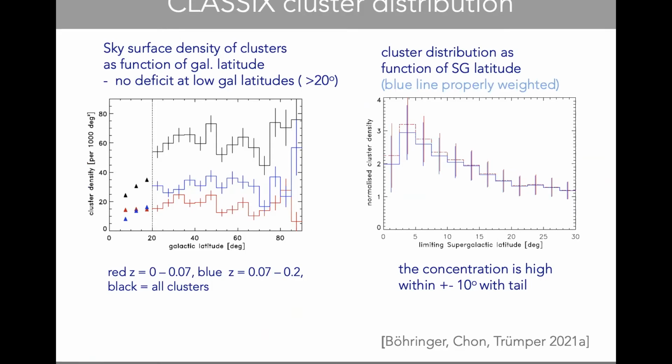But if we look just at the nearby clusters out to a redshift of 0.07, we are not so incomplete at the nearby universe, and we can include them at least in some of our pictures. This is now the cluster density as a function of supergalactic latitude, and you see it's very strongly segregated towards the supergalactic plane.